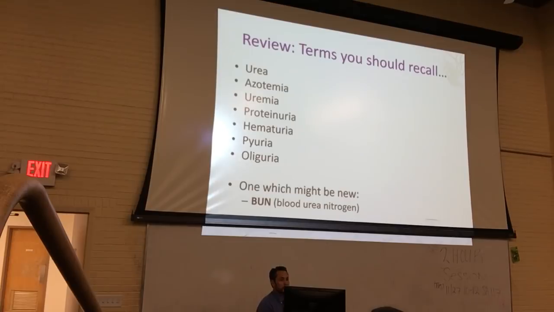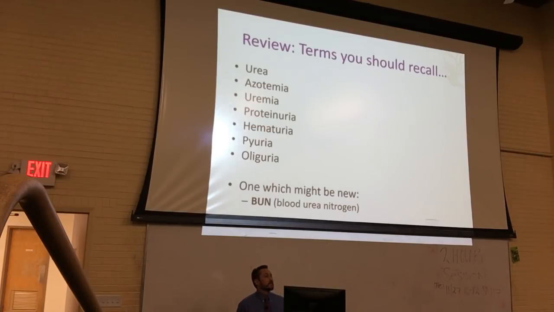And creatinine is the catabolism of creatine or creatine phosphate, a metabolic waste product. So urea, catabolism of amino acids, and these other terms that might be found within your reading are uric acid, the catabolism of nucleic acids, and creatinine, the catabolism of creatine or creatine phosphate.